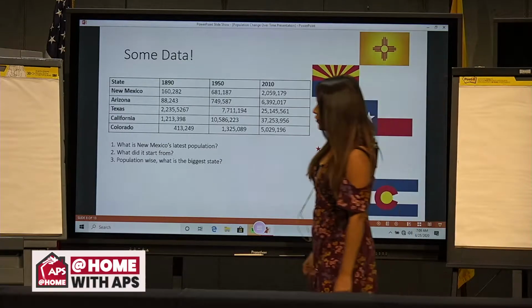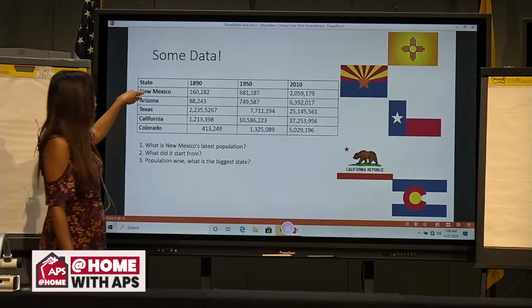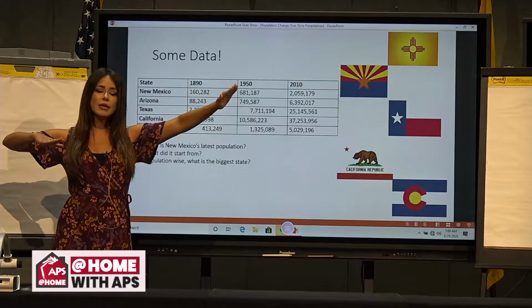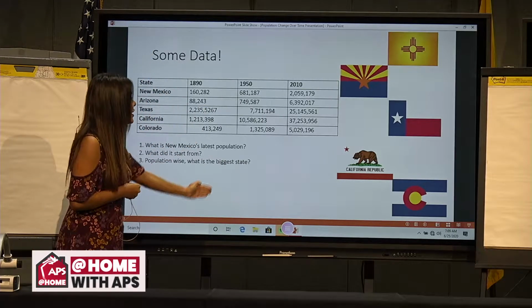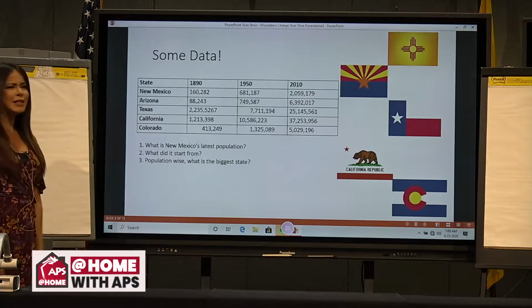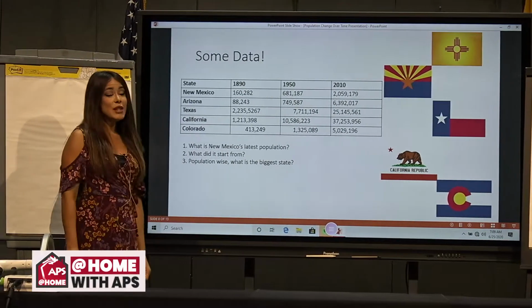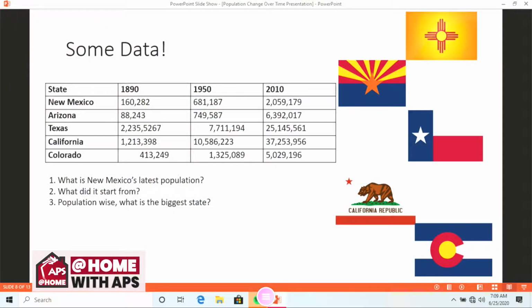The first set of information is 1890, and I'm going to explain a little bit here too. When I refer to rows, I'm talking about information that is across. When I'm talking about columns, I'm talking about information that is in a vertical form. So let's see how much New Mexico grew. New Mexico started with a population of 160,282 people.